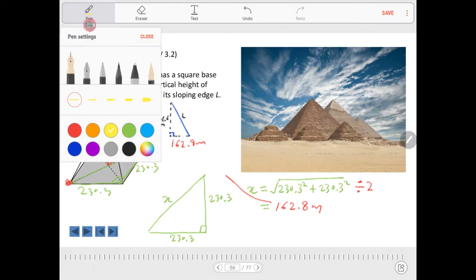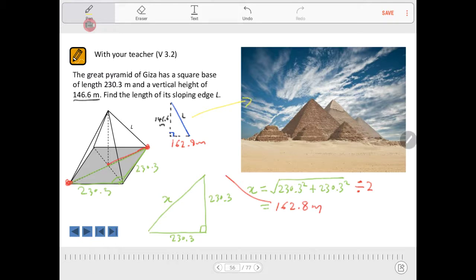We're going to use Pythagoras' theorem again to get L. I'll do it on this picture over here because I'm running out of room. L equals the square root of the other 2 sides squared and added, because once again we're finding the hypotenuse.